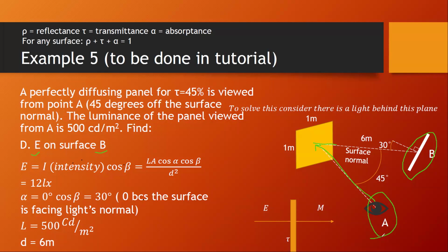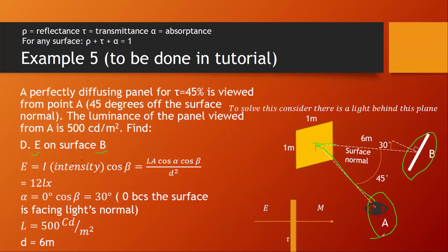But anyways, the idea is that the first surface has a normal, right? This surface also has a normal. If they're facing each other, no problem. But if surface B starts to tilt, then the normal of surface B is going this way. The normal of surface A is this way, right?